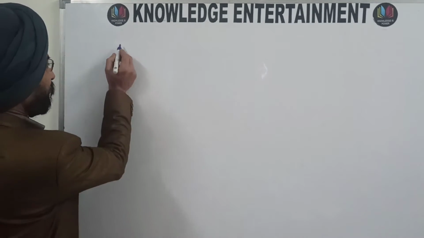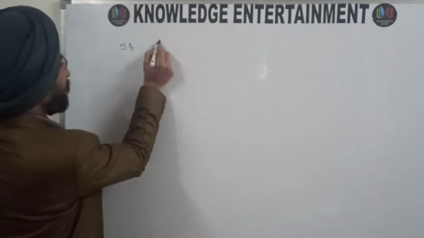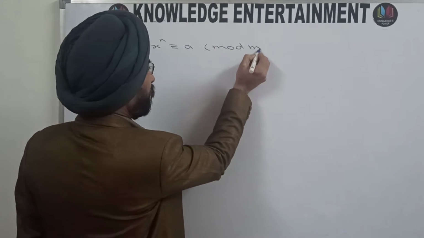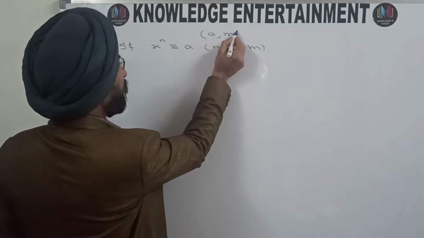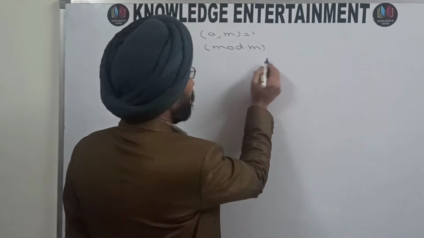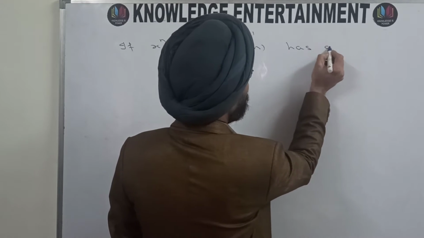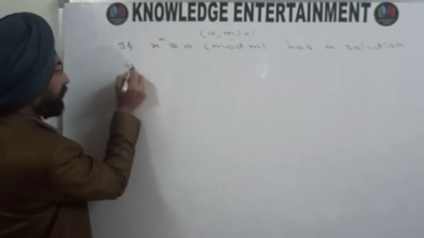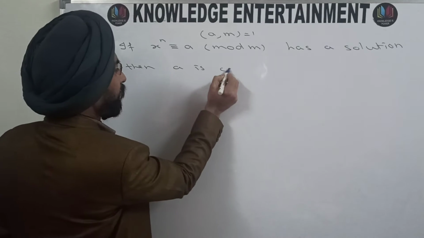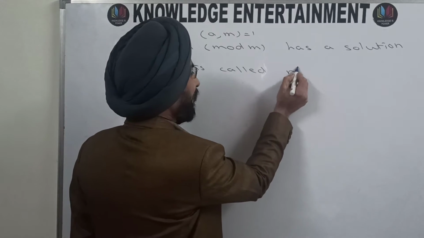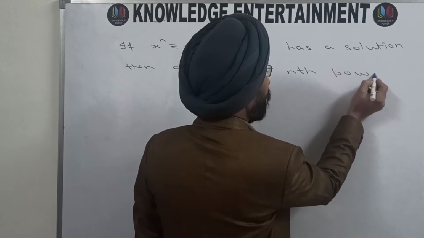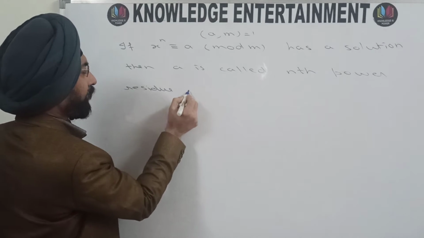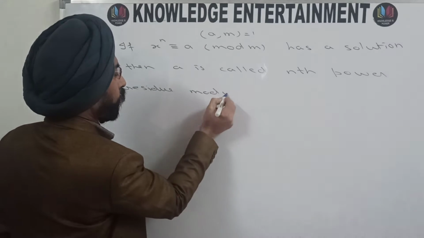Similarly, if x raised to the power n is congruent to a modulo m, obviously GCD of a and m should be 1, then if this equation has a solution, then a is called an nth power residue modulo m.